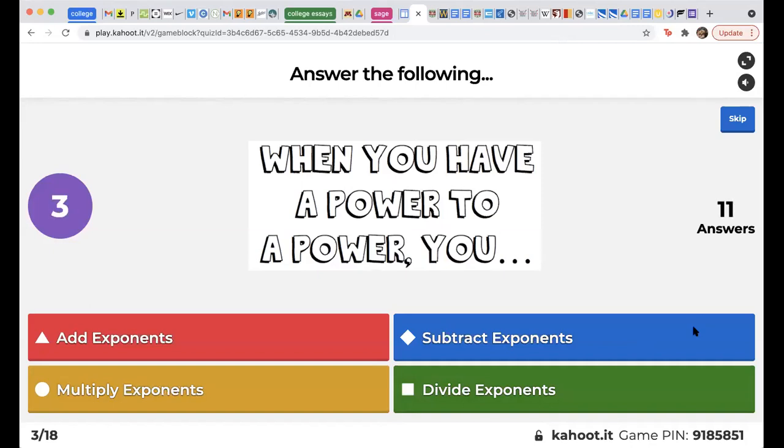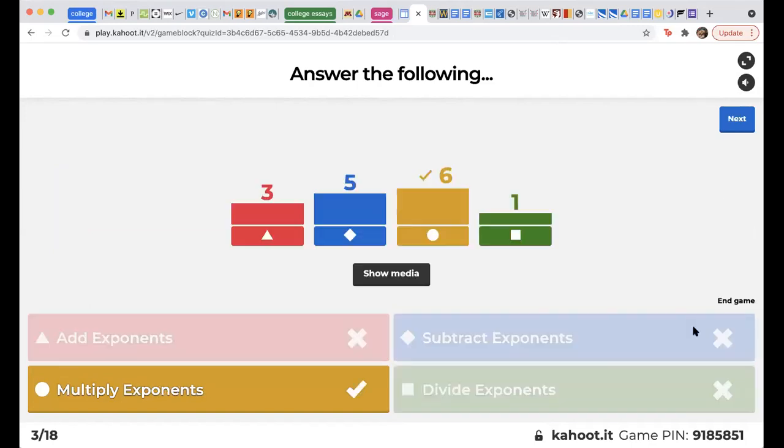What do you mean by power to power? It's like if you have 4 to the 2 to the 3. Yeah, so you guys, if you have 4 to the 2 to the 3, what you can do is multiply your exponents together. So then it becomes 4 to the 6th. Okay? Do you guys remember doing that? Yes? Okay.